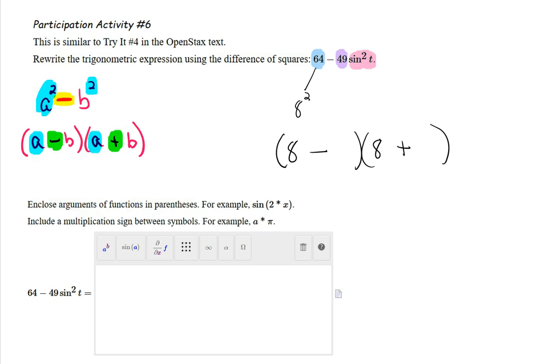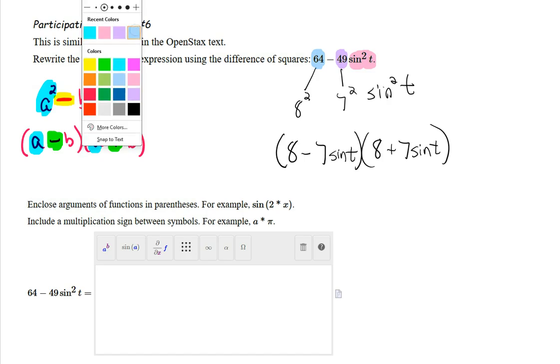And then the 49, that's a 7 squared. So I'm going to have a 7 here, and I didn't leave myself enough room here. So minus a 7, and plus a 7. But I've also got the sine squared of t, so I'm going to have the sine of t with that 7 and the sine of t with that 7.